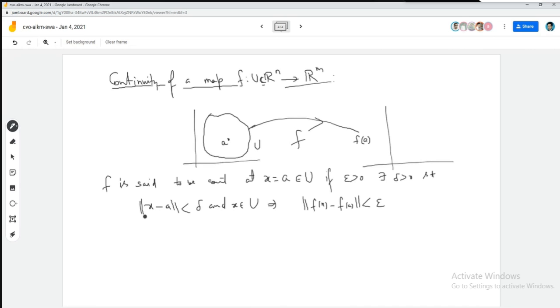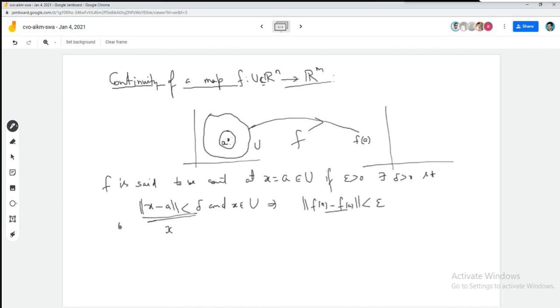Now what is |x minus a| less than delta? It is the collection of points whose distance from the point a is less than delta, and this will be an open ball centered at the point A. So for any point x inside this open ball, its image should lie in the ball centered at f(A) with radius epsilon.